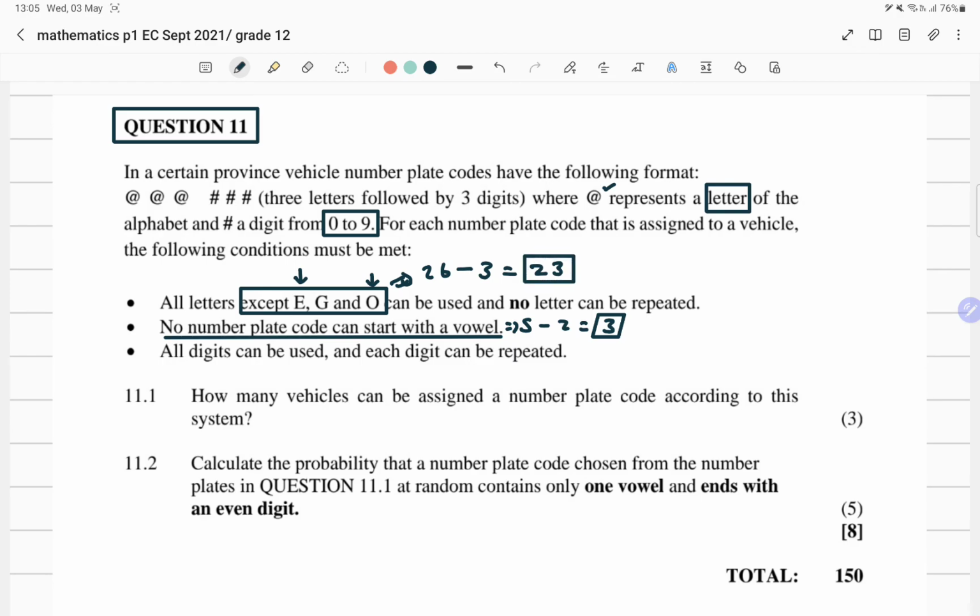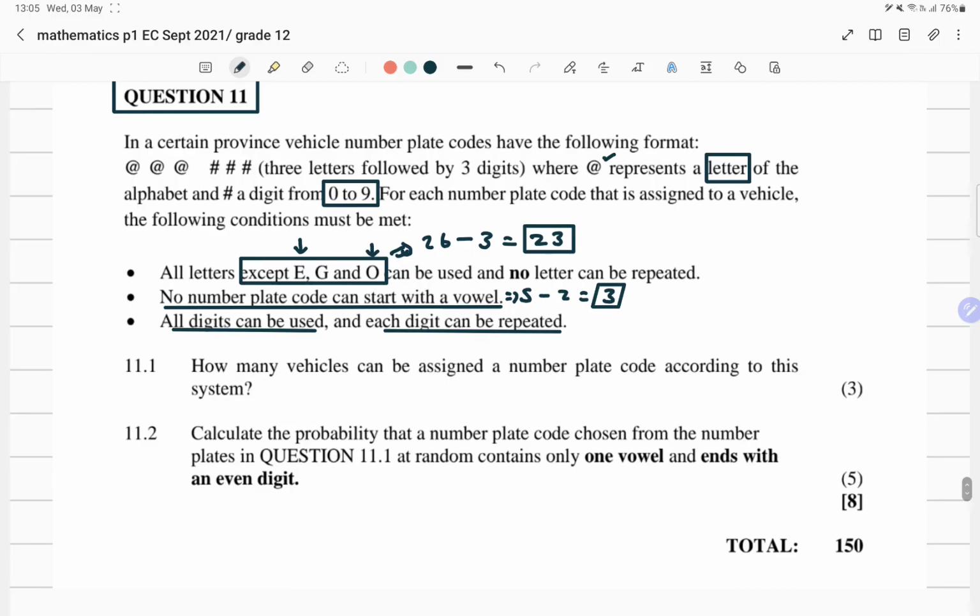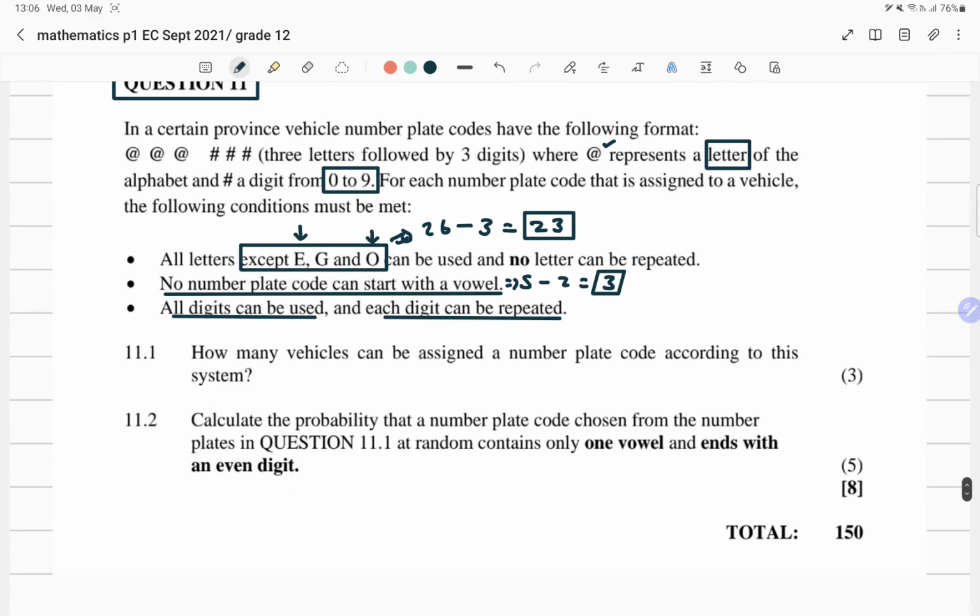Now it says all digits can be used, and each digit can be repeated. So now that we understand what is going on, we can start working. It says now how many vehicles can be assigned a number plate according to this.